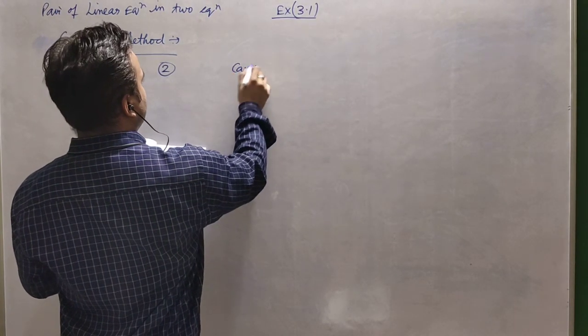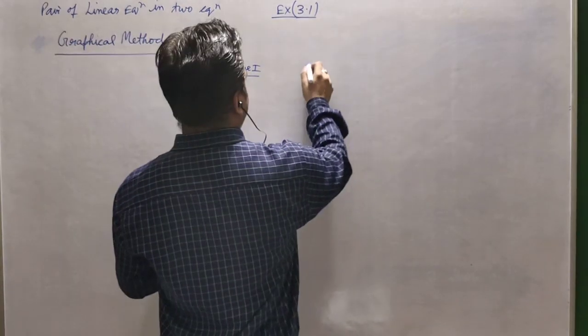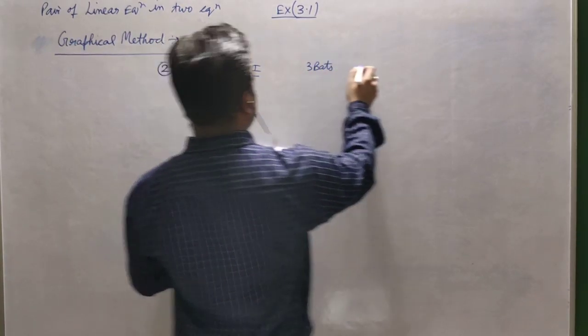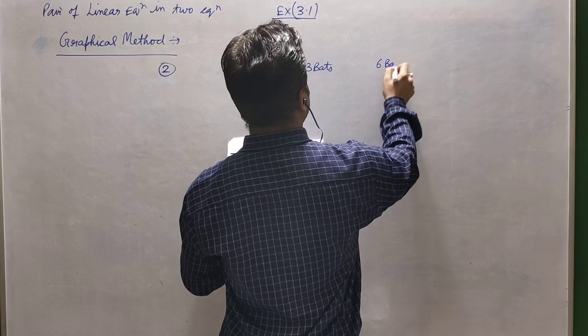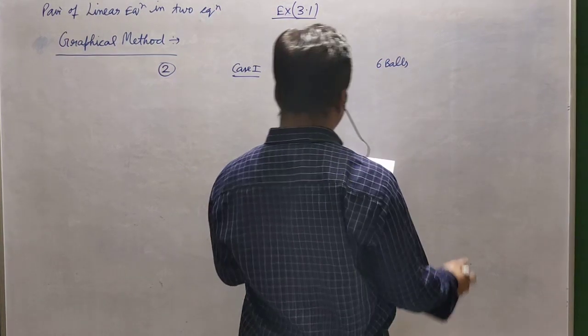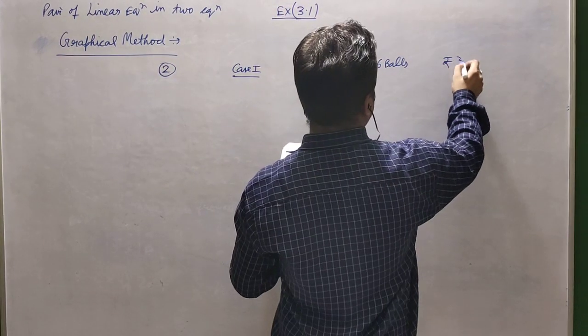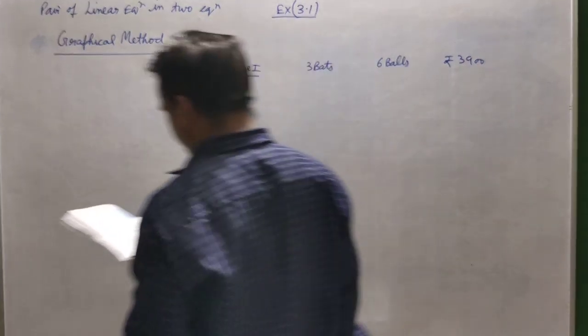Coach of a cricket team buys 3 bats, case number 1, and 6 balls, and they are spending rupees 3,900 for this.